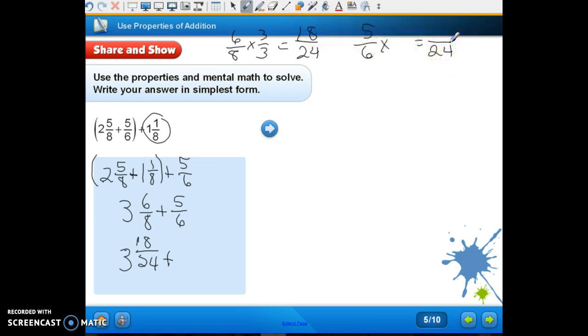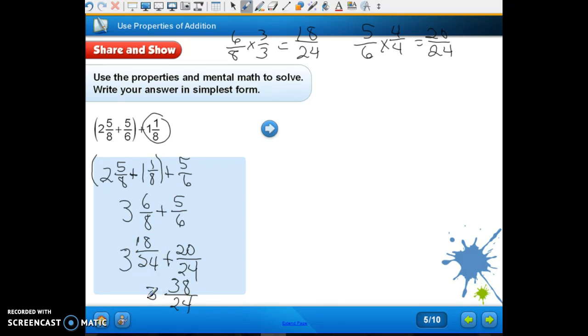I have to multiply that by what? 4/4. So I have 20/24ths. No whole number in that one. Okay, if I take 18 plus 20, I get what? 38. So I have 3 and 38/24ths.